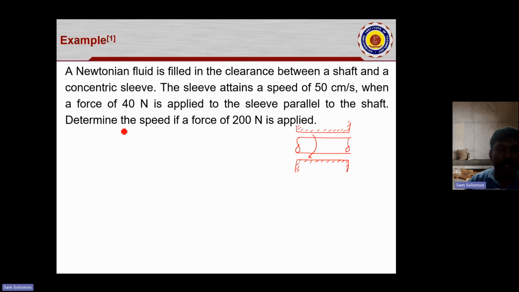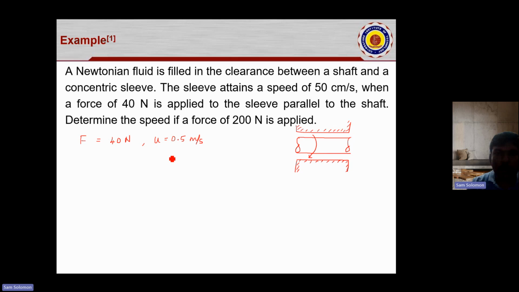Okay. And they have said that the sleeve attains a speed of 50 centimeter per second when a force of 40 Newton is applied to the sleeve parallel to the shaft. So when you have a force of 40 Newtons, the sleeve attains a speed of, let's say, 0.5 meter per second.